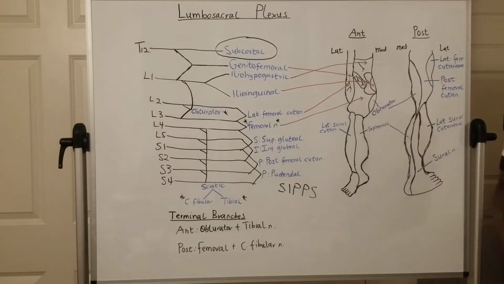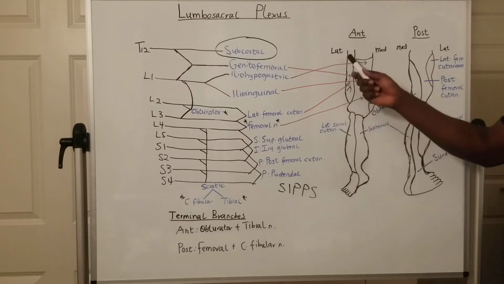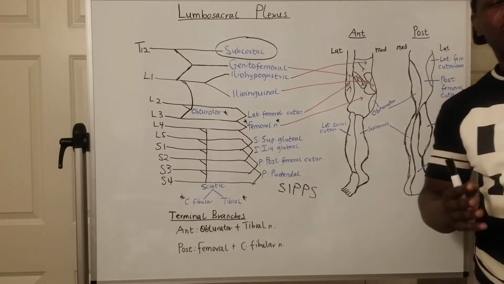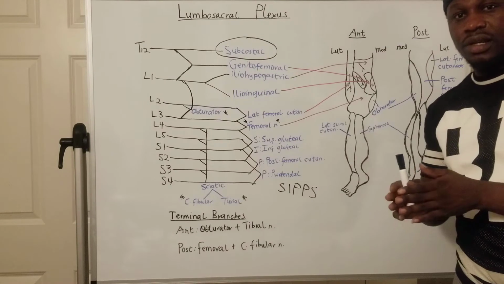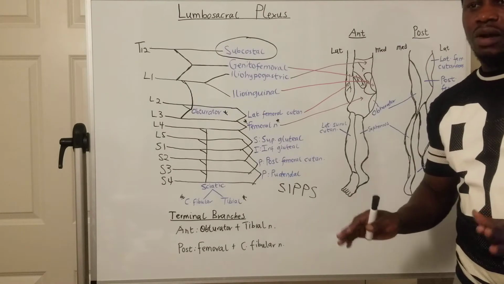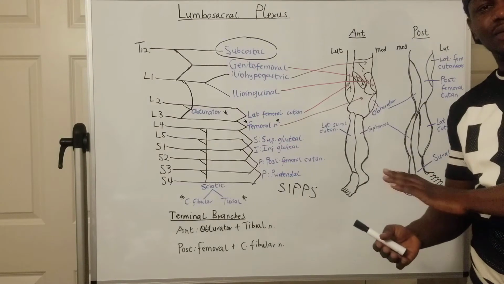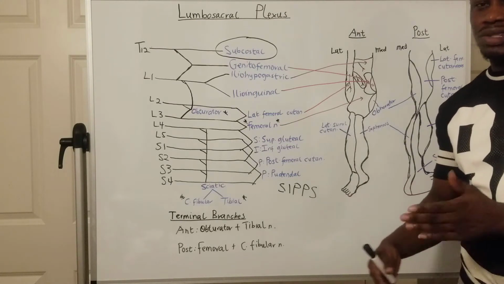Now let's look at the thigh region. So on the lateral side of the anterior thigh region, we have the lateral femoral cutaneous nerve. Every time you hear the word cutaneous, it means sensory. Most of the time, these nerves provide sensory and motor, or sensory or motor.